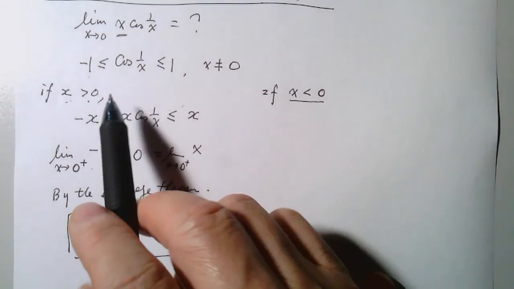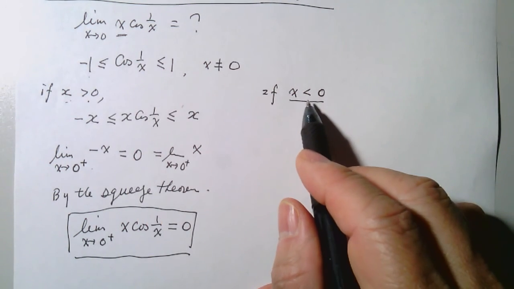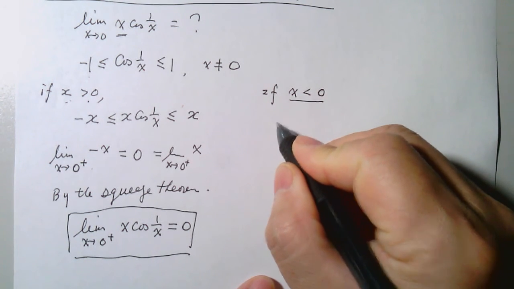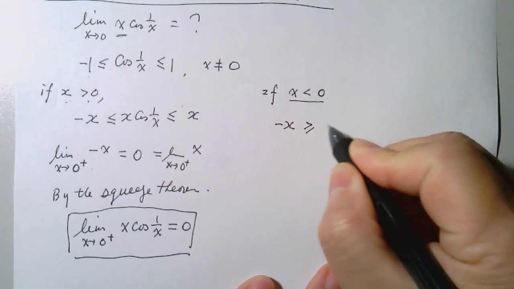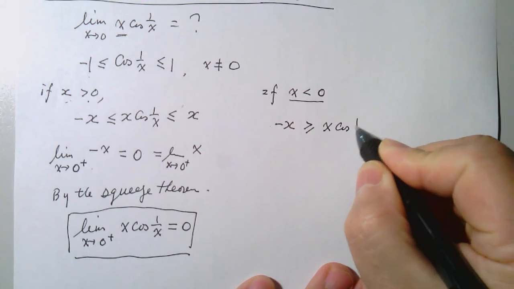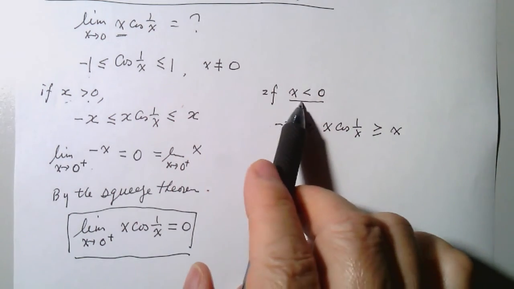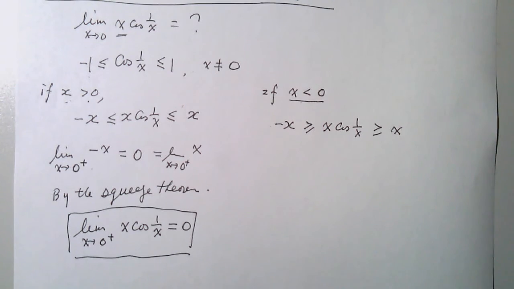So you're going to have negative x greater than or equal to x cosine 1 over x, greater than or equal to x, because you multiply by a negative number, so you change the direction.